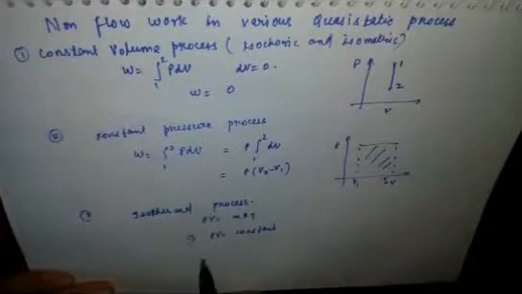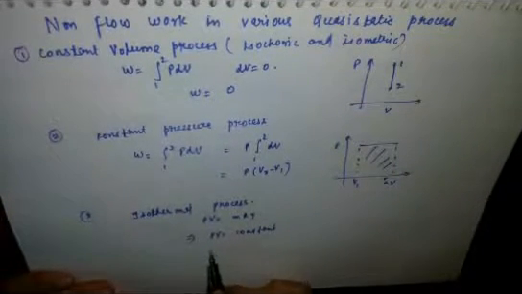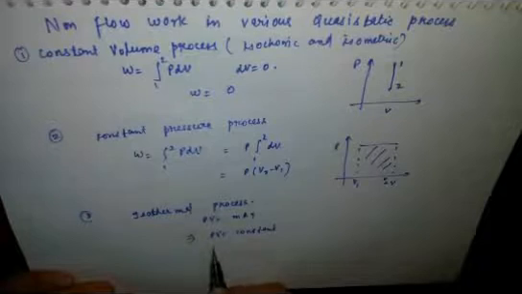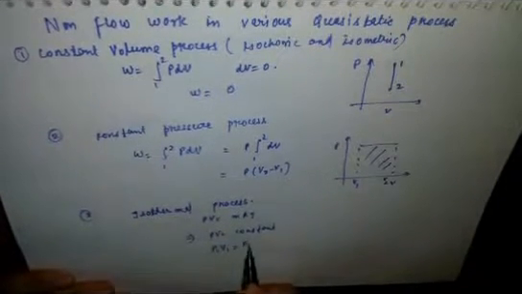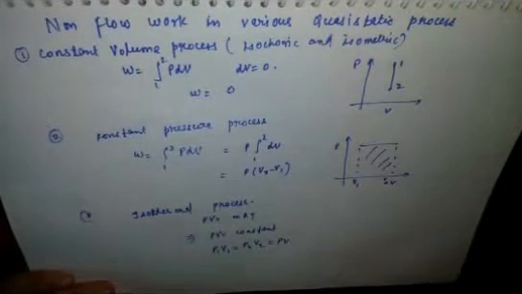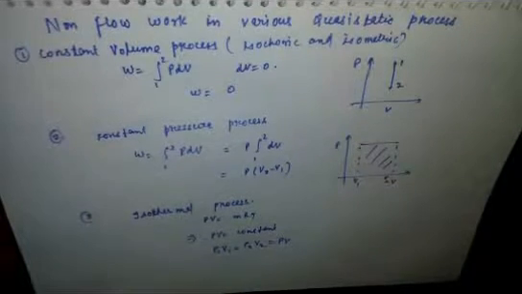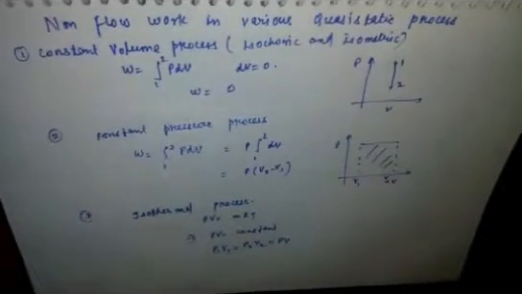If we are going from 1 to 2, then since PV is equal to constant, we can write P1 V1 is equal to P2 V2 is equal to P into V is equal to constant. Now we have arrived at the condition that P1 V1 is equal to P2 V2 is equal to PV.